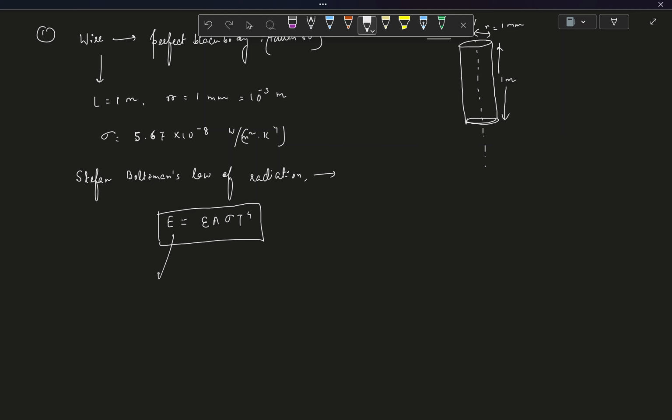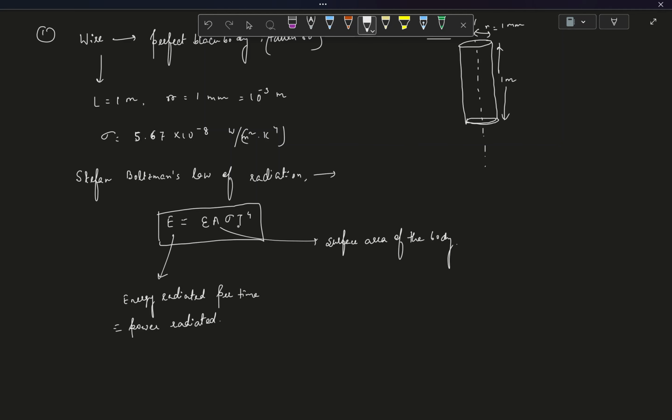First of all, the left-hand side, E, is the energy radiated per unit time, so basically it is the radiated power, because energy per time is power. And A is the surface area of the body that is radiating the power.